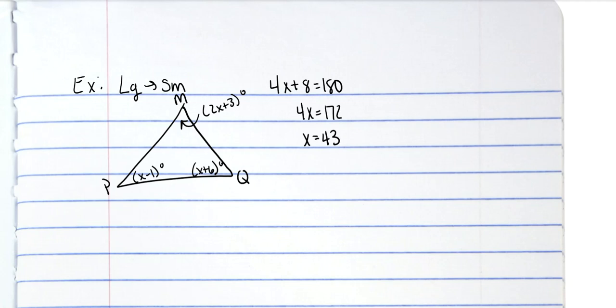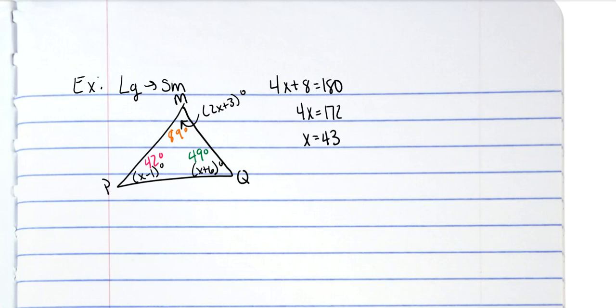All right, angle P is 43 minus 1, so 42 degrees. Angle Q is 43 plus 6, so 49 degrees. And then angle M is 2 times 43, which is 86, plus 3, which is 89 degrees.